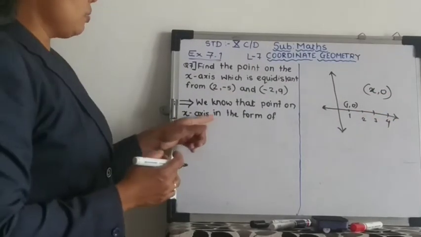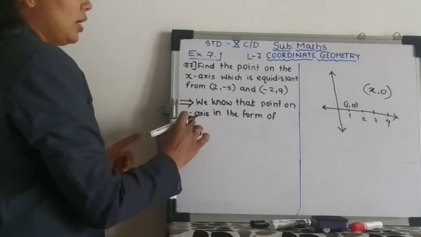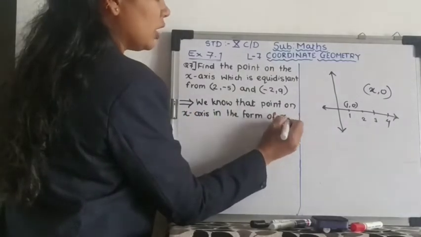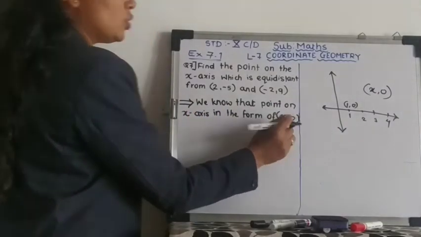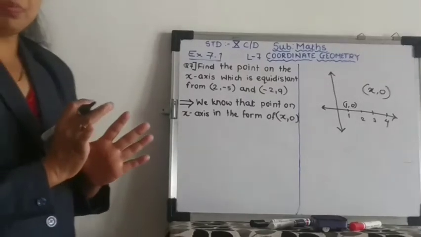So similarly we will write here that a point on the x-axis is in the form of (x, 0). Understood this one? Why I have written (x, 0)?